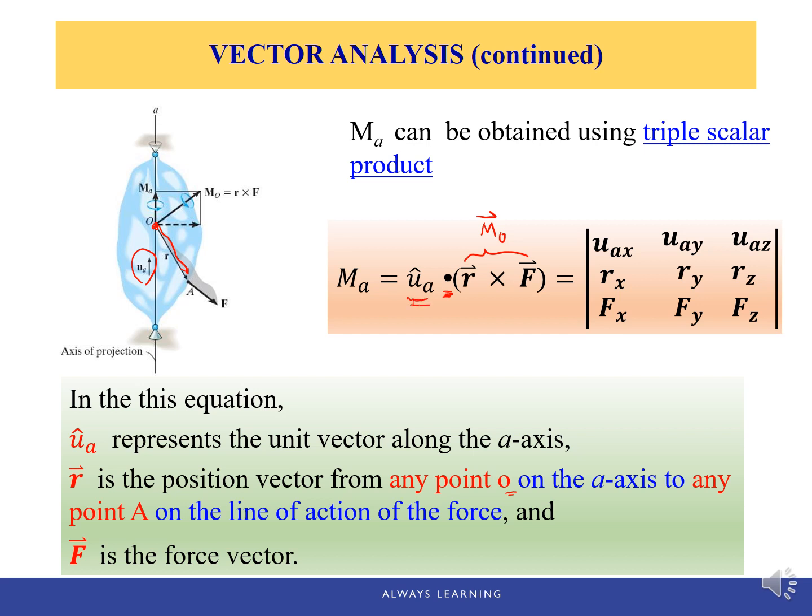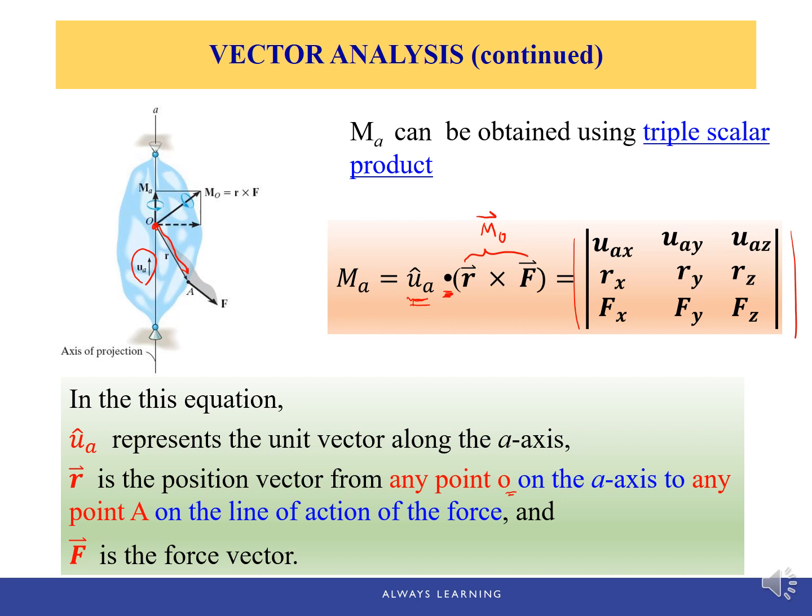And the result will be a scalar number, the magnitude of the moment along the A axis. So the triple scalar product method will work. Well, it's like we combine the 3 steps we just went through from last slides into one step.